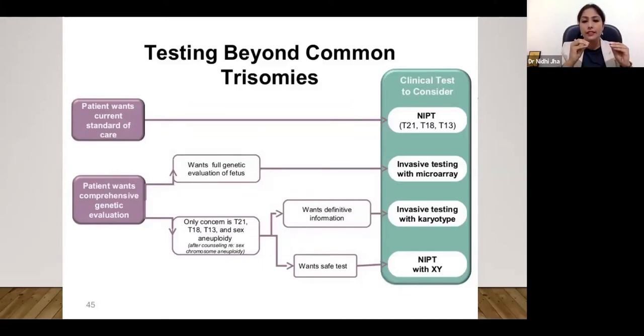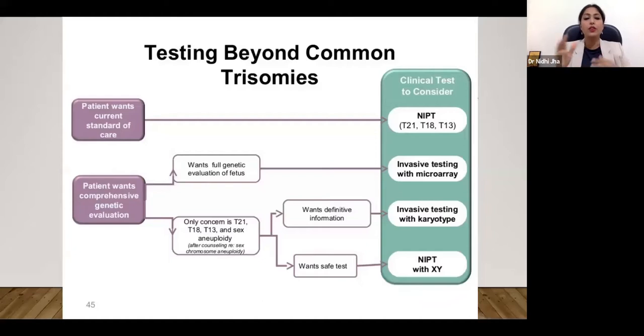Whenever a parent comes to you and says they want full genetic evaluation of the fetus, the answer is always invasive testing with microarray. It should not be fulfilled only with NIPT.